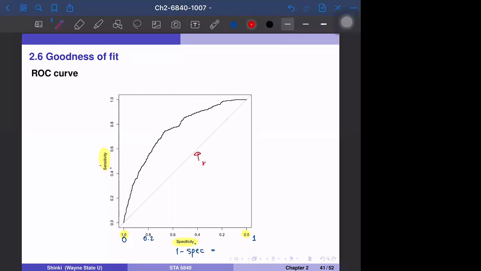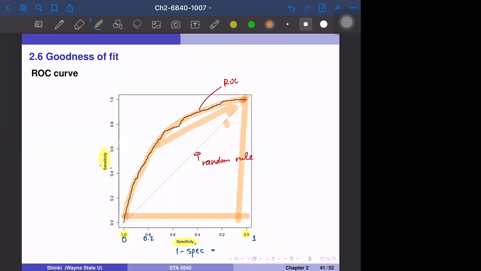So a random rule makes this diagonal line. If it is a reasonable rule, then the ROC curve should be higher than the random rule. So this is the ROC curve. And once we make the ROC curve, you can look at the area under the curve.